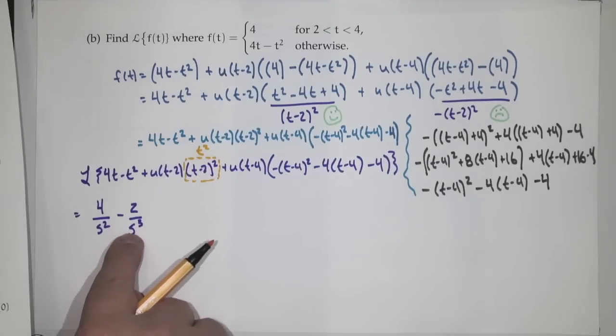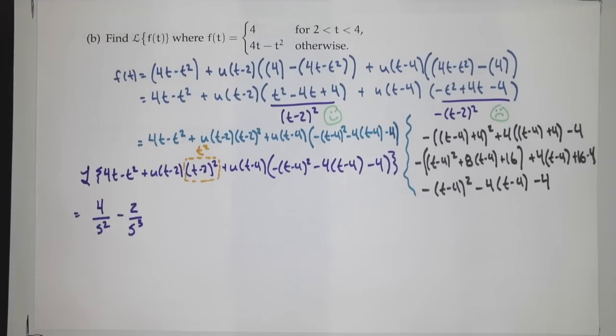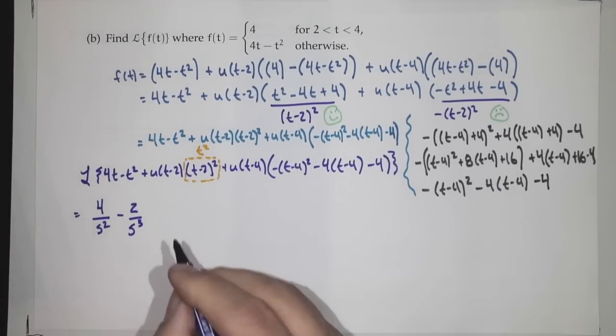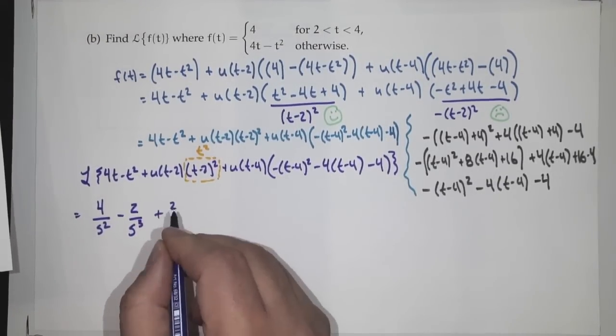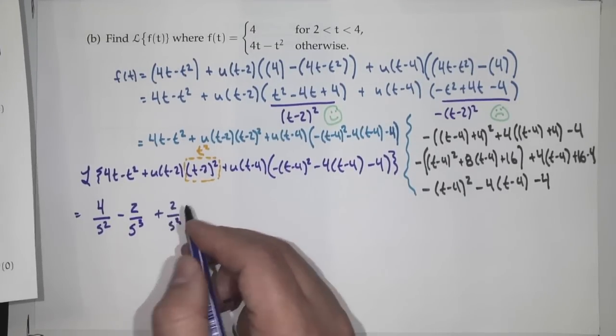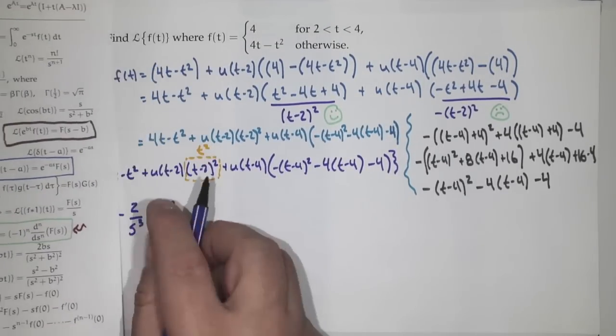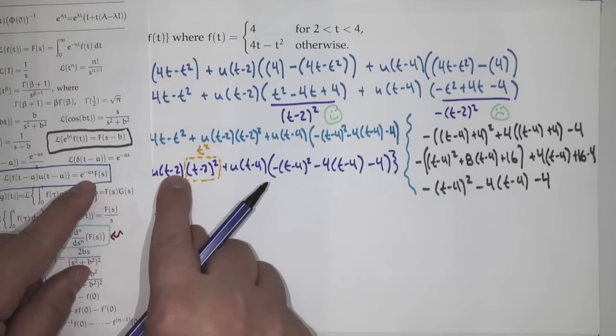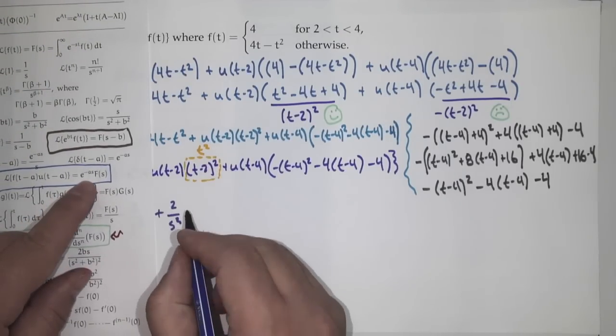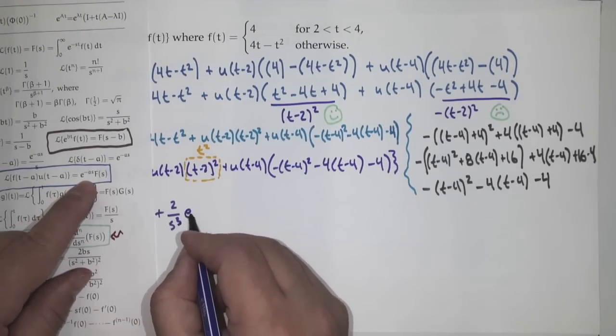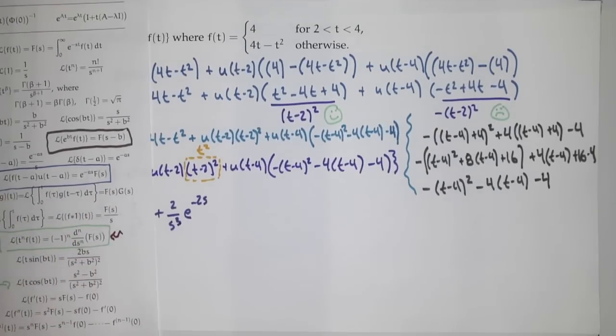We took t squared, that's 2 over s cubed. So what we'll end up with is a plus 2 over s cubed. So that's this piece. And then we add an e to the minus 2s, which is coming from the u of t minus 2. So 2 over s cubed, e to the minus 2s.